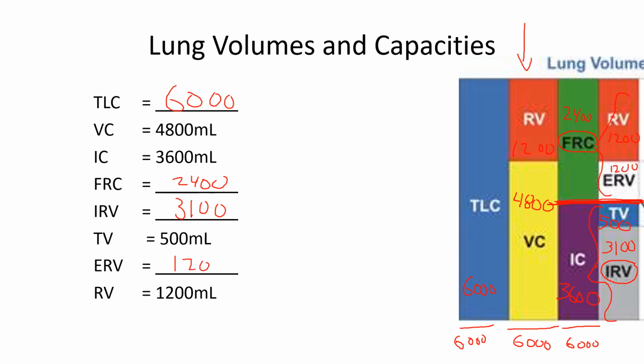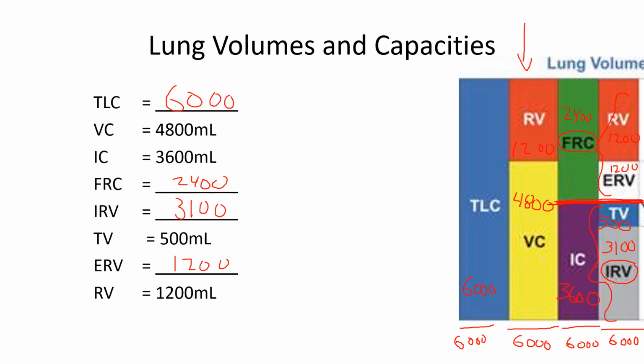All right. To double check, add up all your columns, make sure they all equal 6,000. Not too bad. So it's like a little puzzle. If you guys like Sudoku, this is a lot easier.